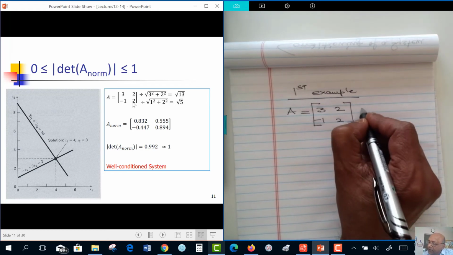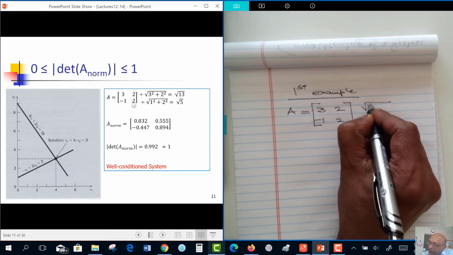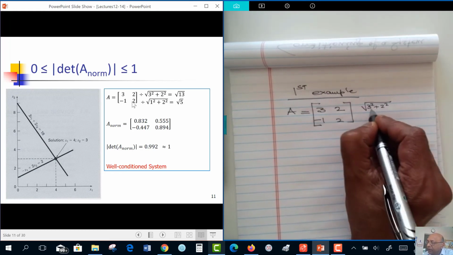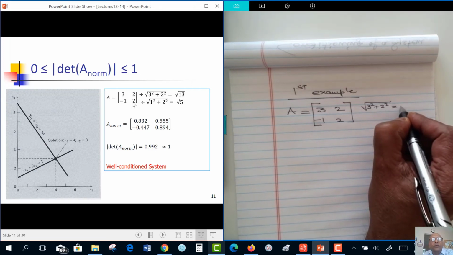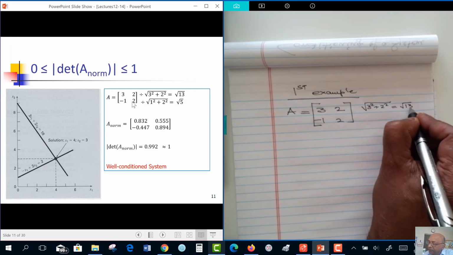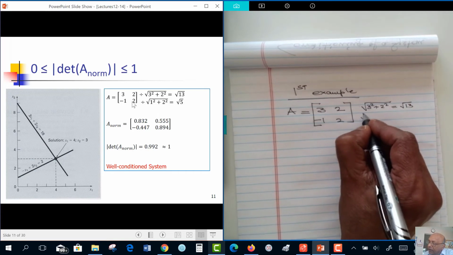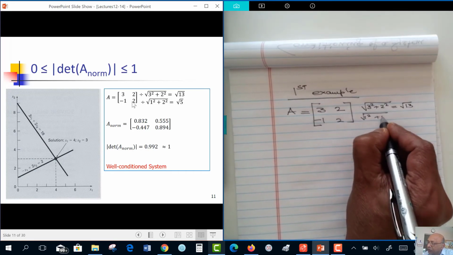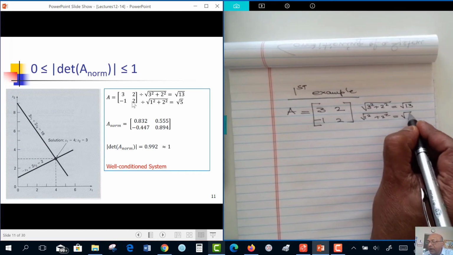So our normalizing factor here would be the square root of 3 squared plus 2 squared. So we will get square root of 13. Here 1 squared plus 2 squared, so we'll get square root of 5.